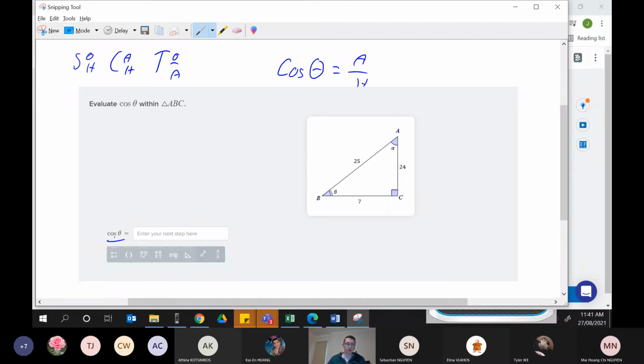Because it's saying cos theta here, we've got to first identify this is theta, not this is alpha. If it said cos alpha, then we would do it from this angle, okay? But we're referencing from this angle. So cos theta is adjacent. This is my adjacent. This is my opposite. This is my hypotenuse. It's going to be 7 over 25.